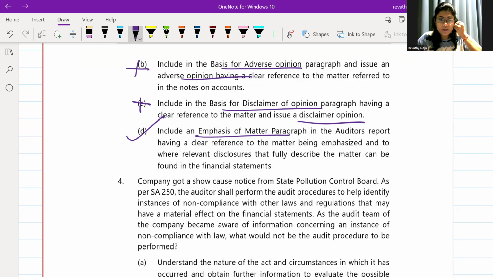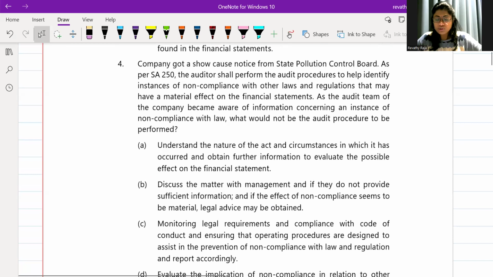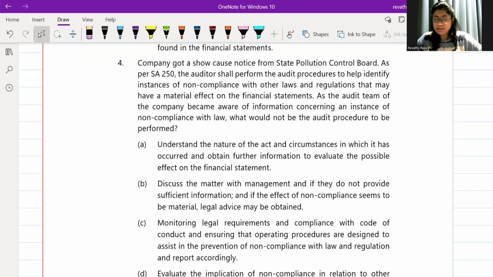And I have 1, 2, 3 clear. Can you say 4? Okay. Company got a show cause notice from State Pollution Board as per SA 250. The auditor shall perform procedures to identify instances of non-compliance of law.